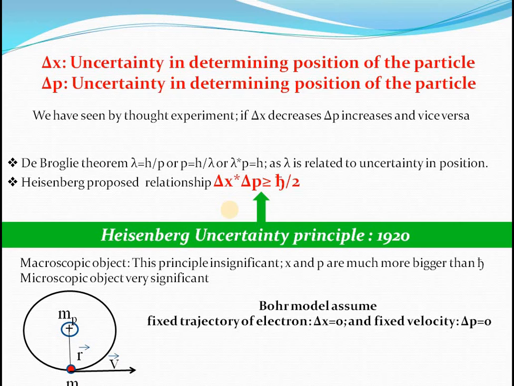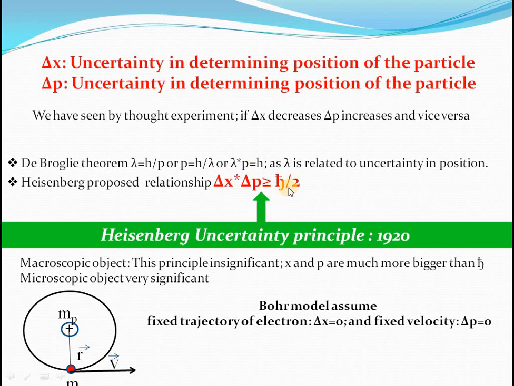You can only say that there is a probability of finding that particle at this position. You cannot pinpoint the particle at that position only. You can say that there is a 90% chance that this particle is in that position. That is why quantum mechanics is a probabilistic science, and that is why this uncertainty is there.